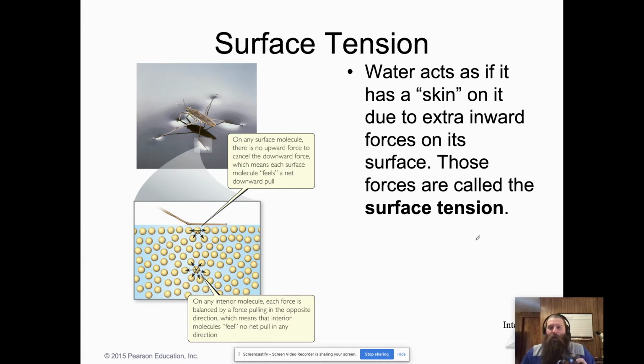And the reason for that is there are all these extra inward forces that can be dispersed by the molecules inside. So, in the case of the water strider here, its foot presses down on these water molecules and it disperses that pressure to the surrounding water molecules and gives it this surface tension.